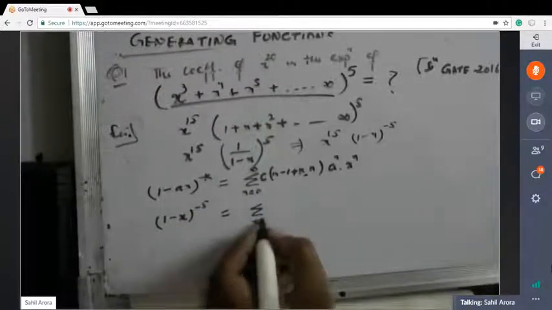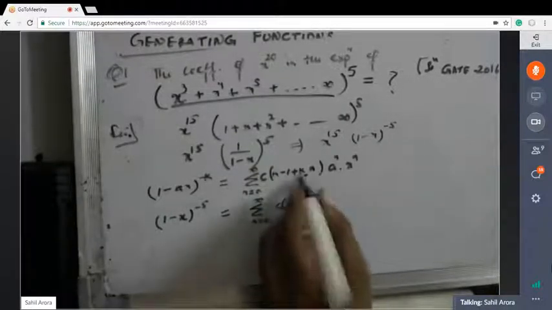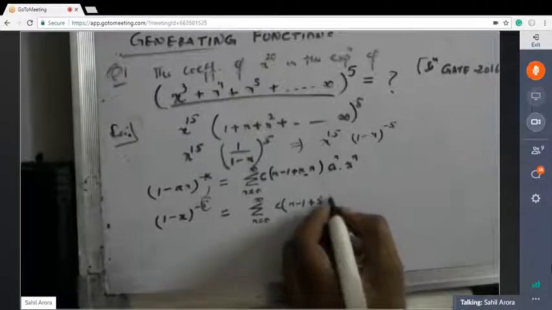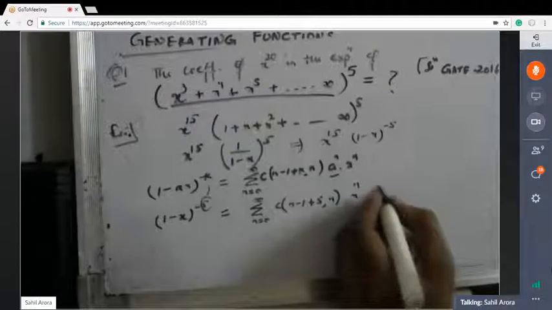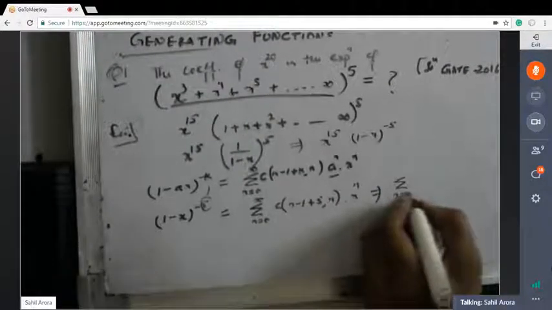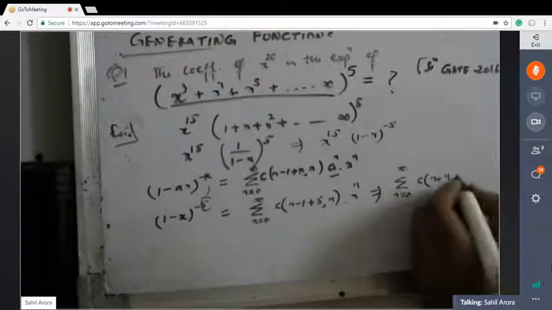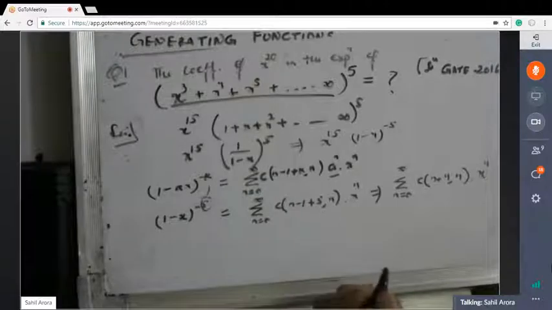Here k is 5 and a is 1, so it would be the sum for n going from 0 to infinity of C(n plus 4, n) x power n.